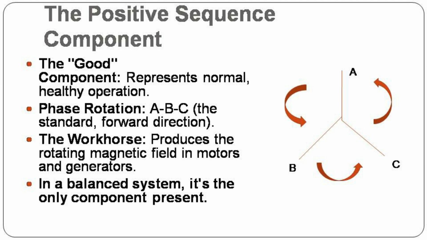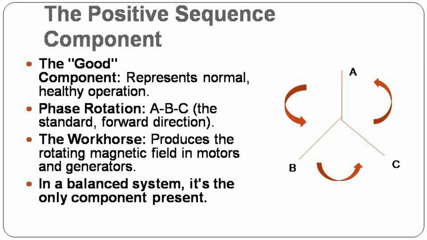So now let's meet the first and most important component, which is the positive sequence. This is the good guy, representing the ideal balanced operation of the power system. Just like our perfect system from earlier, it has three phasors with equal magnitude and 120 degrees of separation.